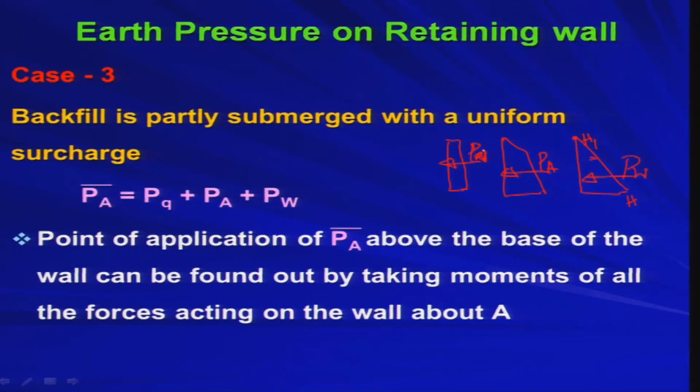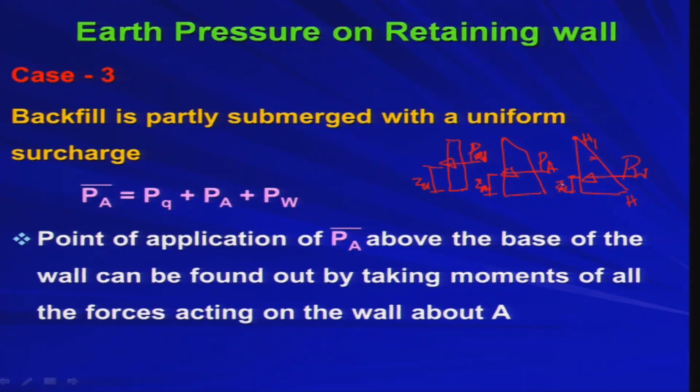Now, you know the point of application of each individual thrust, or each individual force. So, you can take the moment of all the forces, because if you know this is say Zq, this is say Za, and this is say Zw.